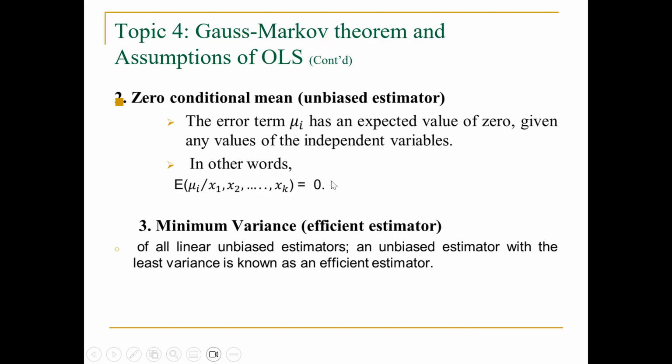It should be the same, that is being 0, should not be different. So the error term has an expected value of 0 given any value of the x. The x are the independent variables that we are considering. So this gives us the second Gauss-Markov assumption, the conditional mean being 0. We shall wrap up on how to do about all this.